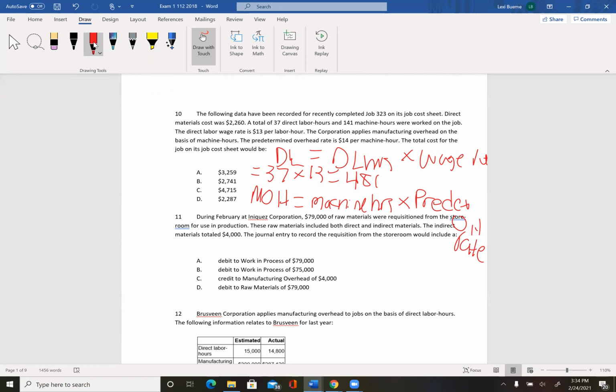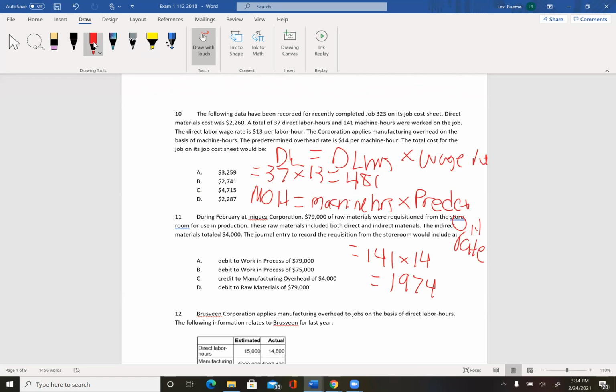Your machine hours is 141. Your predetermined overhead rate is also given as 14. So that gives you a total of 1974.